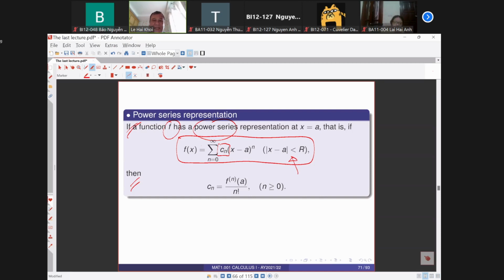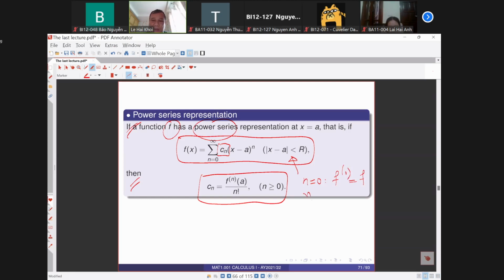More precisely, Cn is the n-th derivative of f at the point a divided by n factorial, for all n non-negative. In case n equals 0, the zeroth derivative of f is f itself.